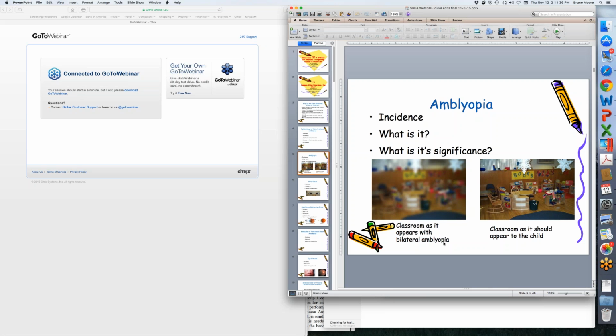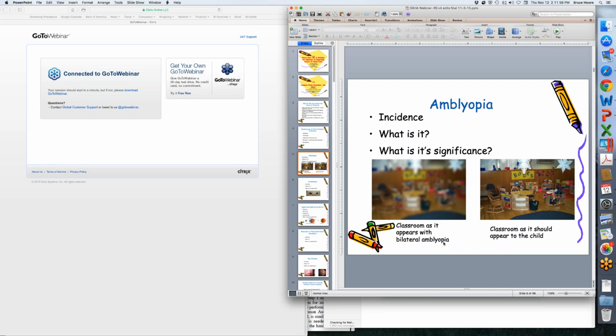It then leads to a cascade of neurobiologic processes that lead to, as we describe it, amblyopia. Amblyopia, for the most part, is reduced vision, but there are some other things beyond the clarity of vision that are associated. I'm not going to go into that.